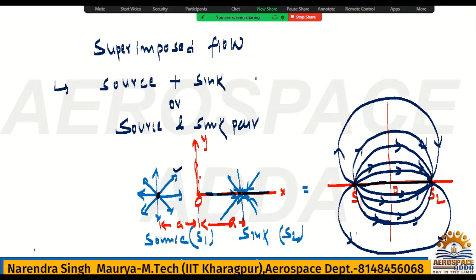Always remember this total distance is nothing but a from this side and a from this side. Total distance will be 2a. Yes or no? So these are the streamlines for the source and sink.